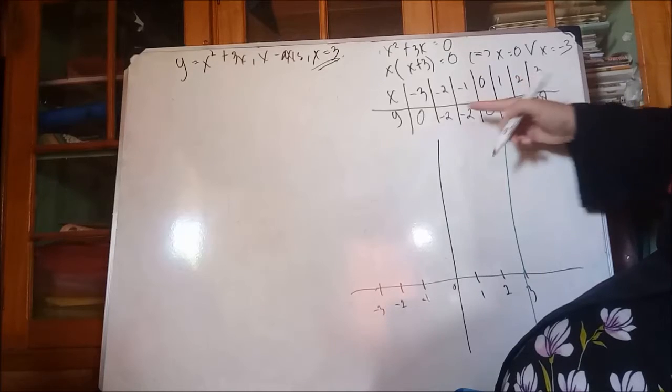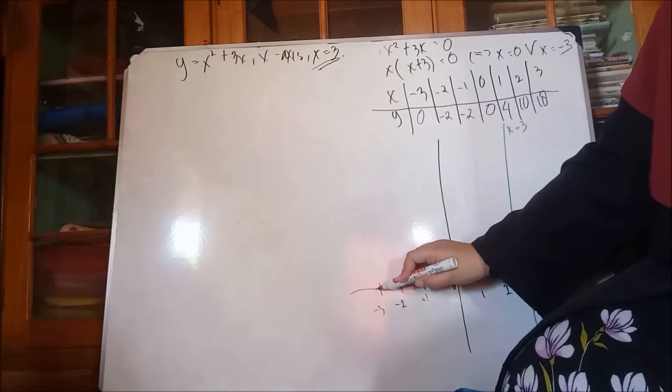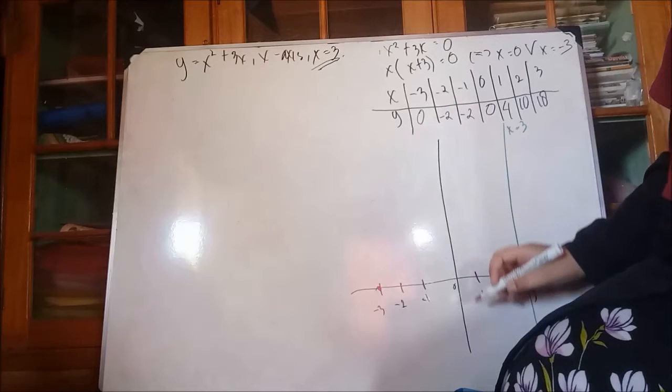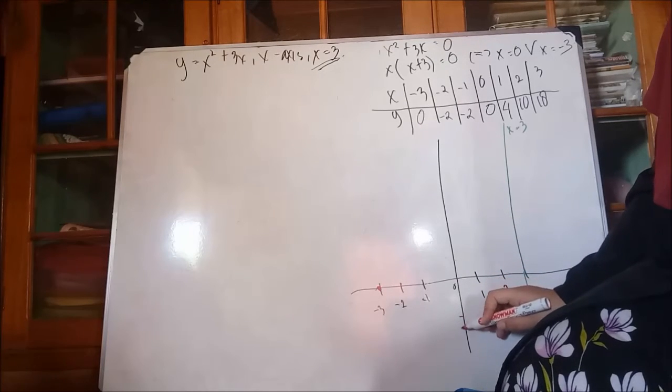The graph is: if we have negative 3, this is equal to 0. Negative 2 is equal to negative 2.